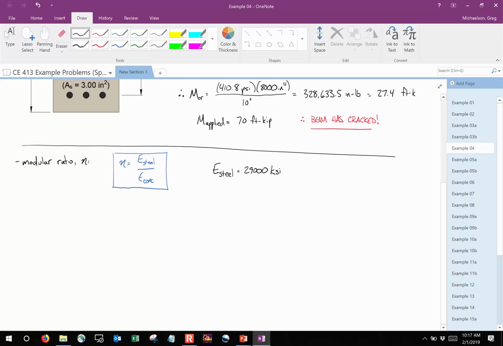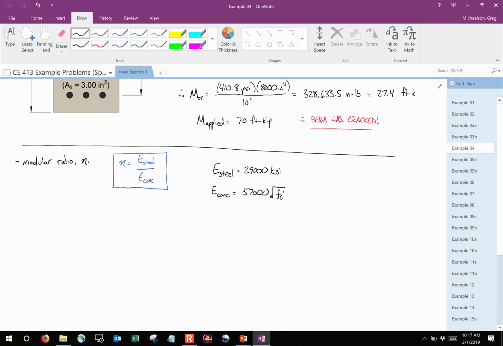Now, how do we compute E for the concrete? What is that? What do we do? She's right. There is a formula. What is it? There you go. Exactly right. 57,000 times the square root of FC prime. And that is the case for normal weight concrete.